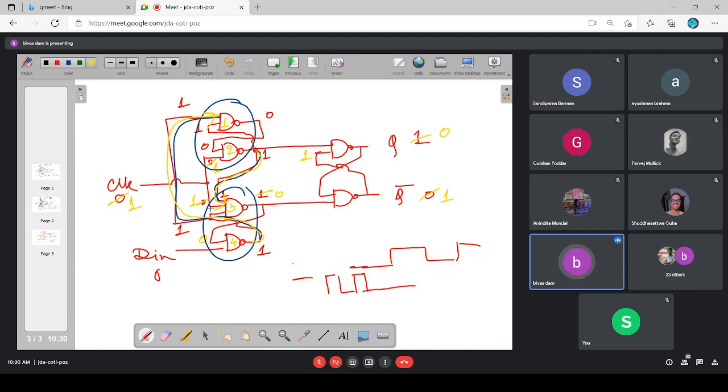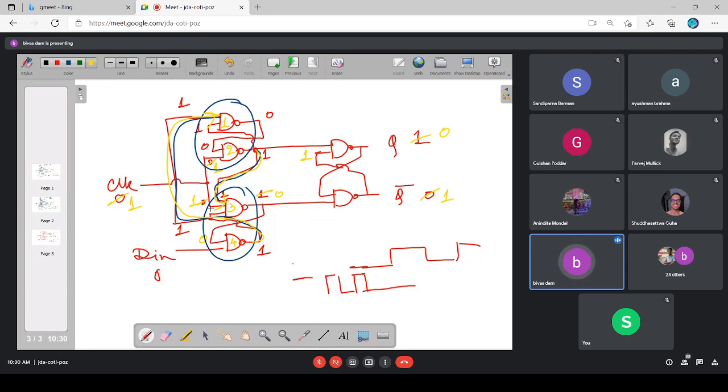It is very difficult to understand at first sight. Definitely, one can understand it, but it is not so easy. So I'm not going into those details. I have just given you a brief introduction of the internal circuitry of one type of flip-flop, that is the D flip-flop.